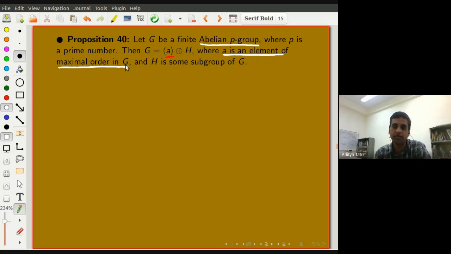This may not be unique, but there surely exists one. Take that element, generate the cyclic group generated by it. That would be one subgroup, and there would be some other subgroup denoted by H, such that the direct sum of these two is equal to the group G.